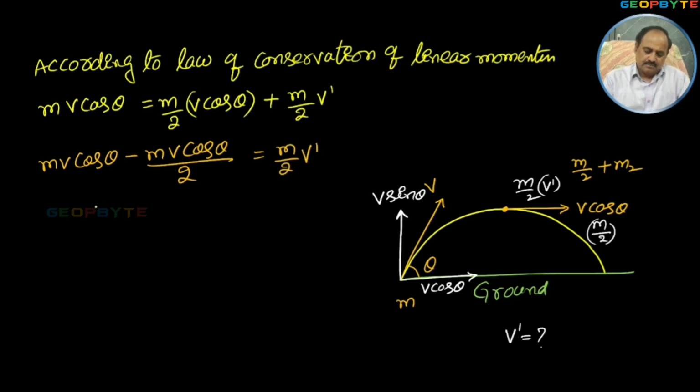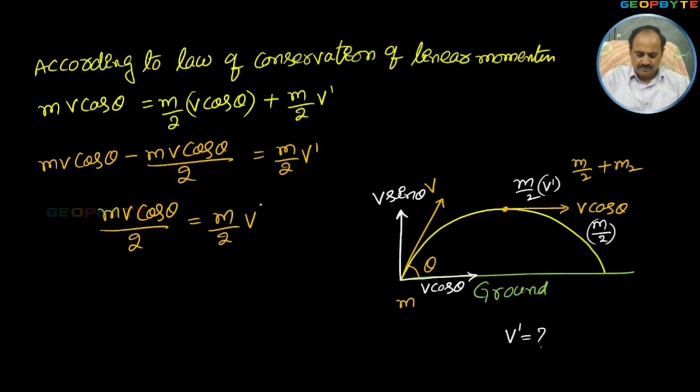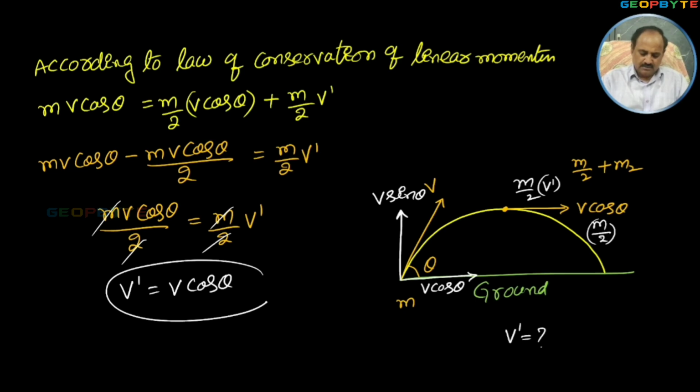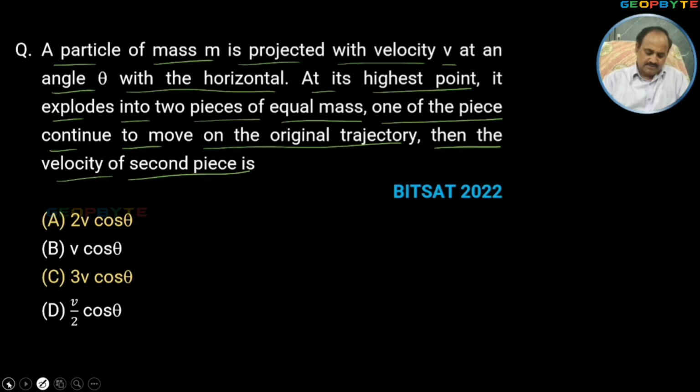So mv cos theta by 2 is equal to m by 2 into v dash. Now here m is cancelling, of course 2 also cancelling. V dash equals v cos theta. That means it is maintaining the same horizontal component of velocity. Look at the options. Option B is absolutely correct.